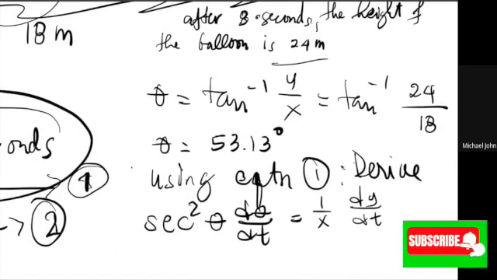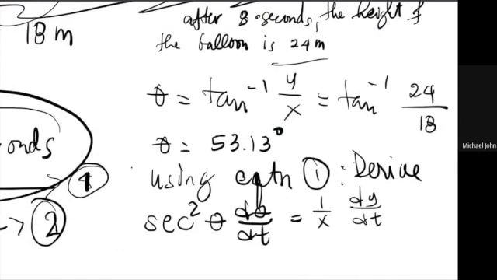Solving for d theta dt, we transpose to the other side. But remember, secant theta is 1 over cosine theta, or cosine theta is 1 over secant theta. Trigonometry, remember that?